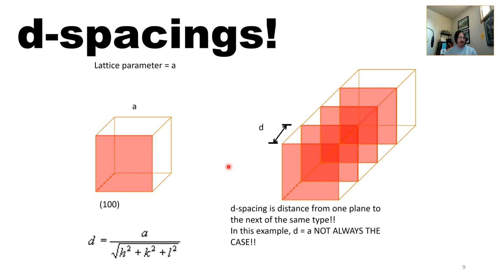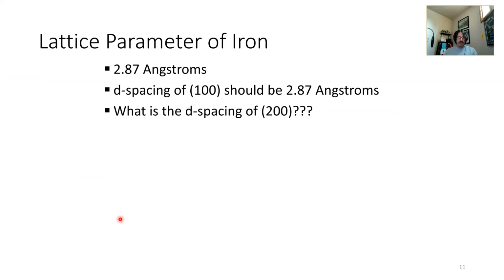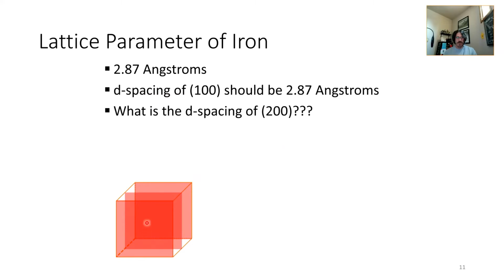We saw in the representation what 100 is. What's the D-spacing of 200? We insert this extra half plane. So the D-spacing of 200 is, if you can work it out, and there are two ways you can do it. You can say D equals 2.87 over the square root of 2 squared.